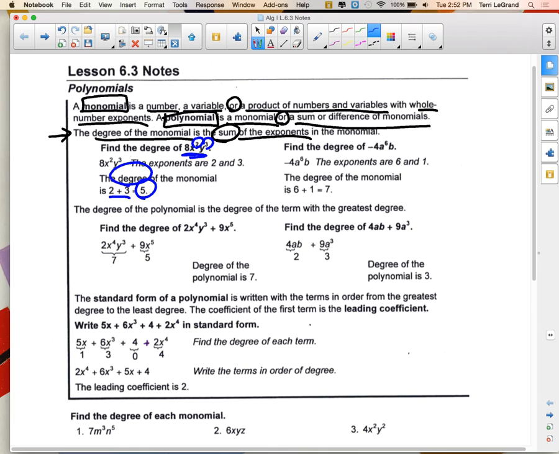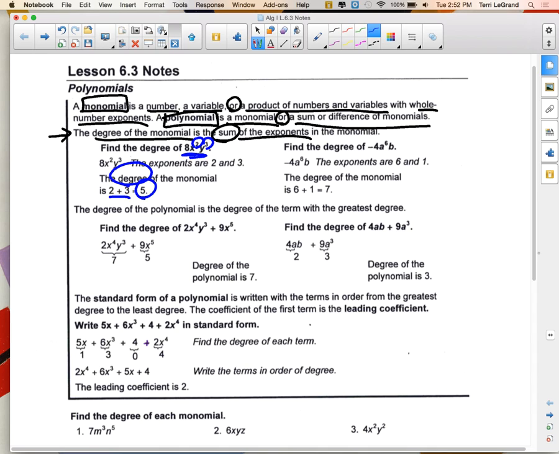What's another name I could give 8 that would have a variable attached to it, but yet it still would be equal to 8? It would not change its value. So if I said to you, would 8x to the first power be the same as 8? Alexis? 8x to the 0 power.